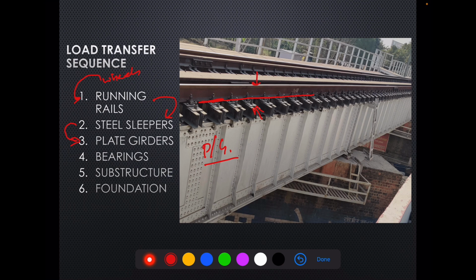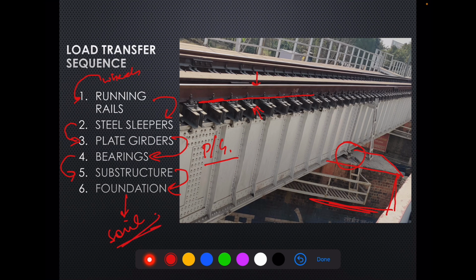Then these plate girders are resting on bearings, so the load is transferred to the bearings. From bearings it goes to the substructure, then from substructure to foundation, and finally to the soil.